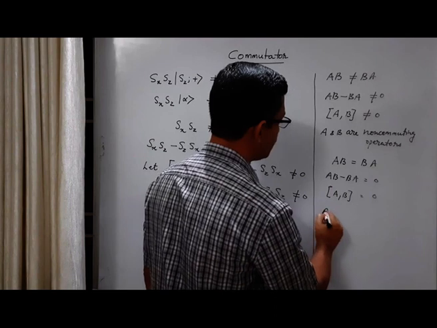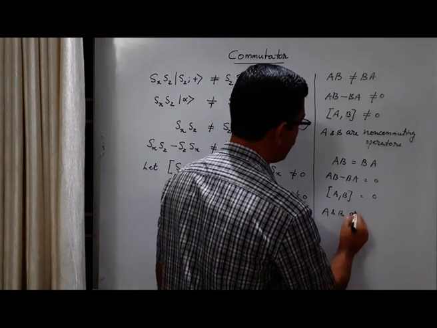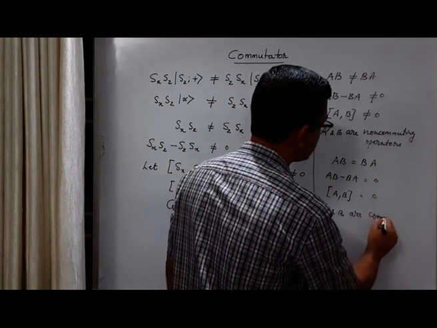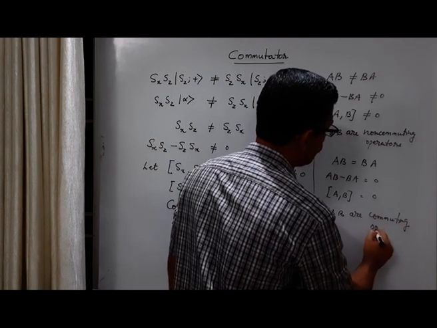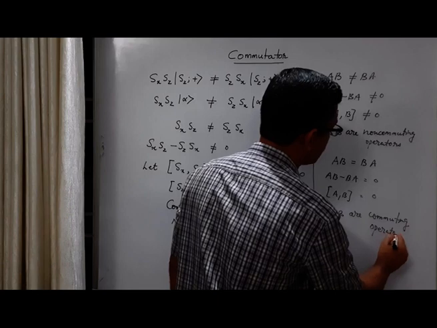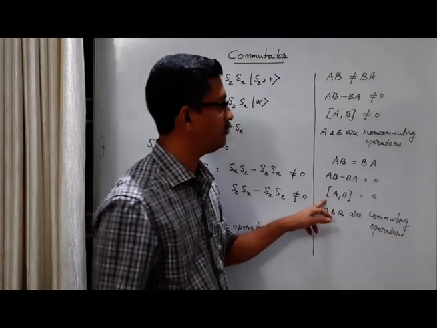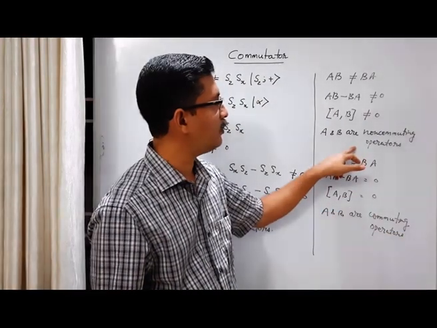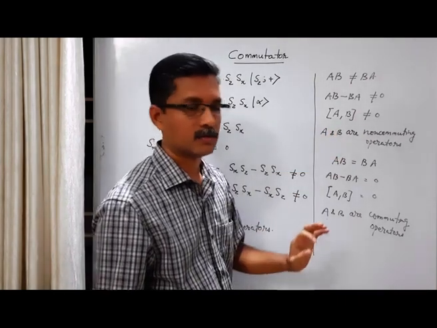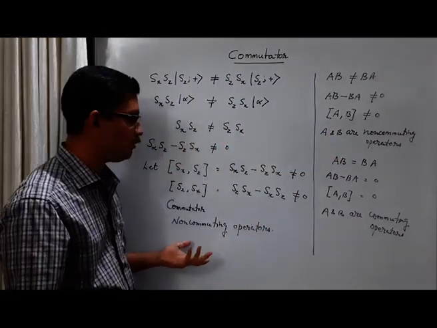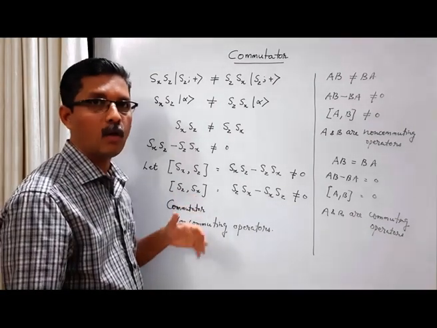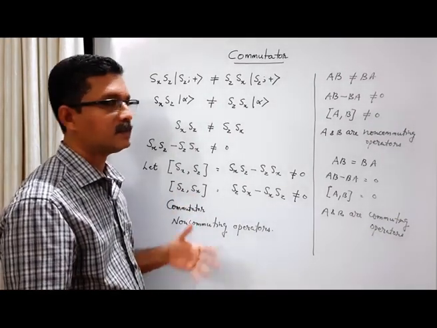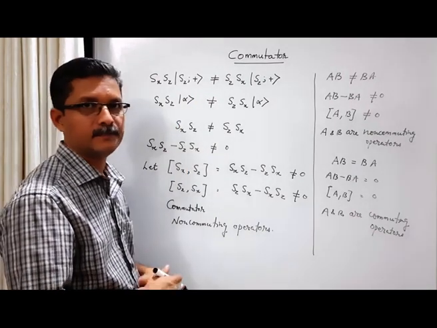In such a situation, we say A and B are commuting operators. So for two commuting operators, the commutator is 0. For two non-commuting operators, the commutator is non-zero. In this particular case of spin-half systems, Sz and Sx are non-commuting operators. That's why we get this type of result.